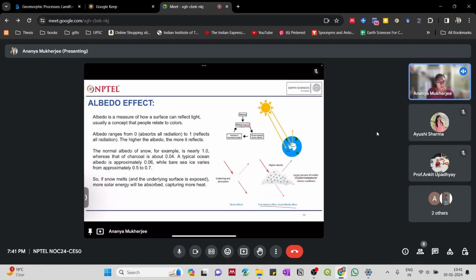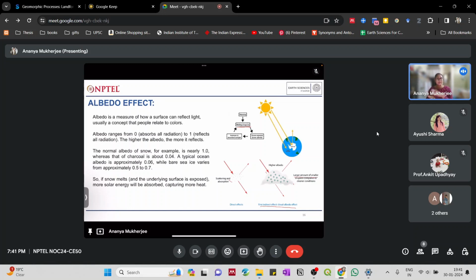So the larger the droplets, the larger the particles, there is more surface area, and it can get scattered. And the smaller the particle, there is less scattering and absorption. So all these have an interrelationship.